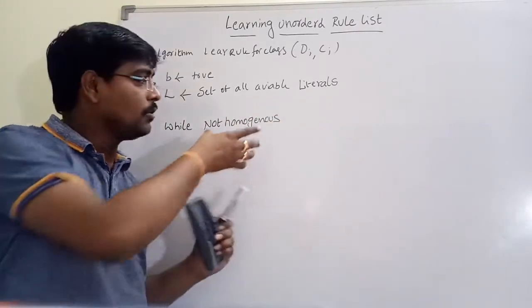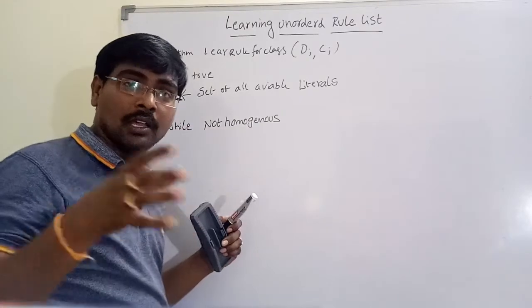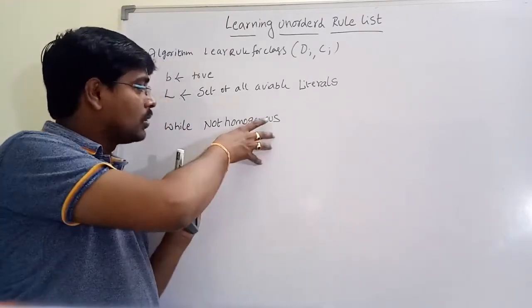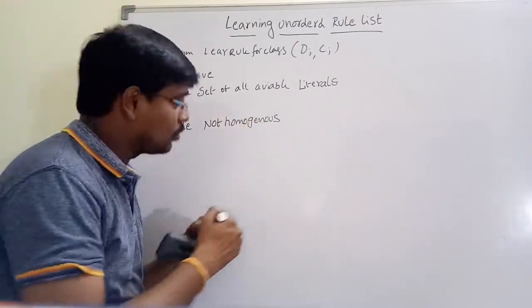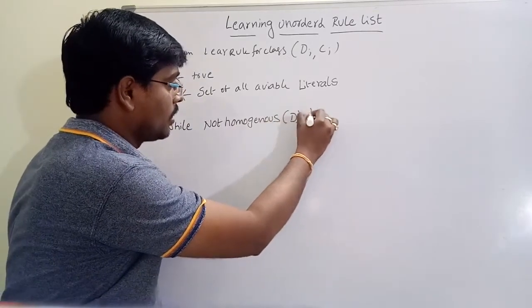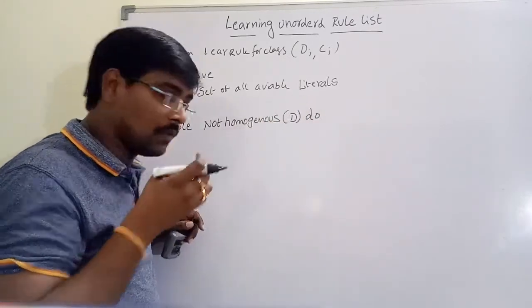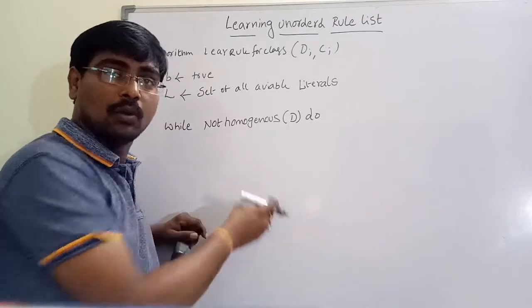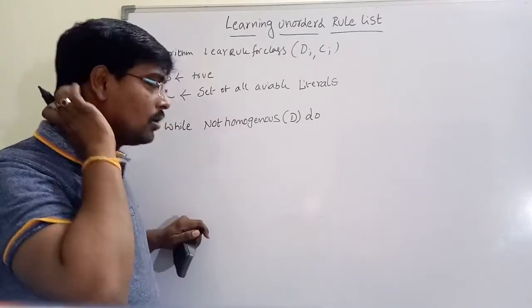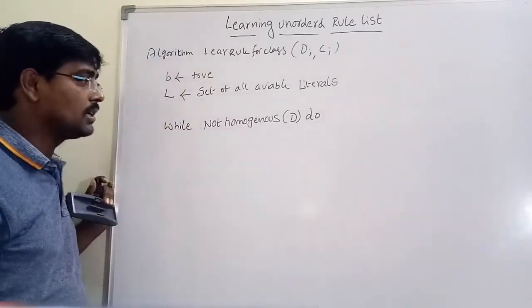Based on the purity we calculate homogeneity. That means the examples are either the same or different. While not homogeneous of D, that is, if the examples are different, only then do we define a rule. If the examples are the same, then there is no need of a rule because both come under the same group.